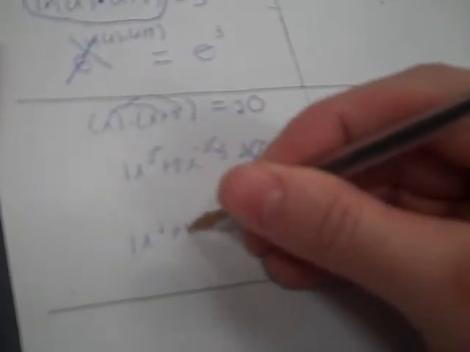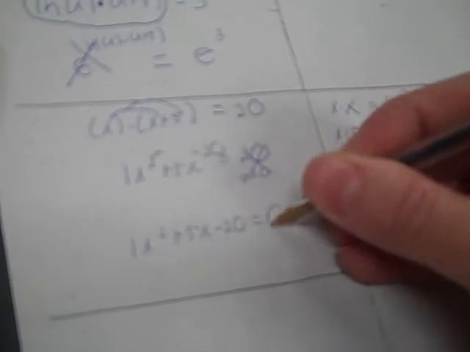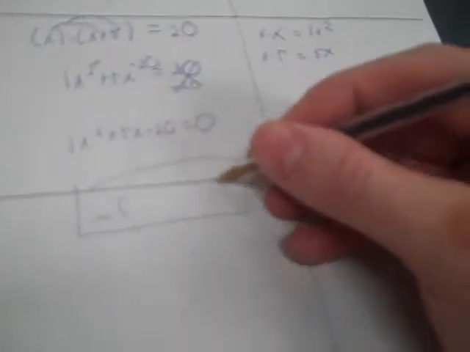Okay, and then I will be solving this by multiplying x times x plus 5, so that's 1x to the second, and 5x. So over here, 1x to the second plus 5x equals 20. Okay, you again have to get everything to one side. So 1x to the second power plus 5x minus 20 equals 0. Okay, three terms, GCF and t-chart.